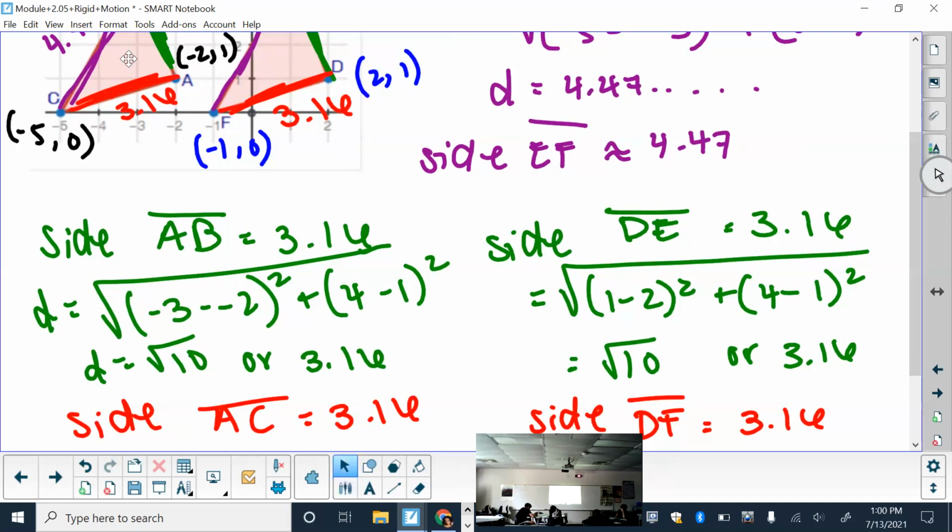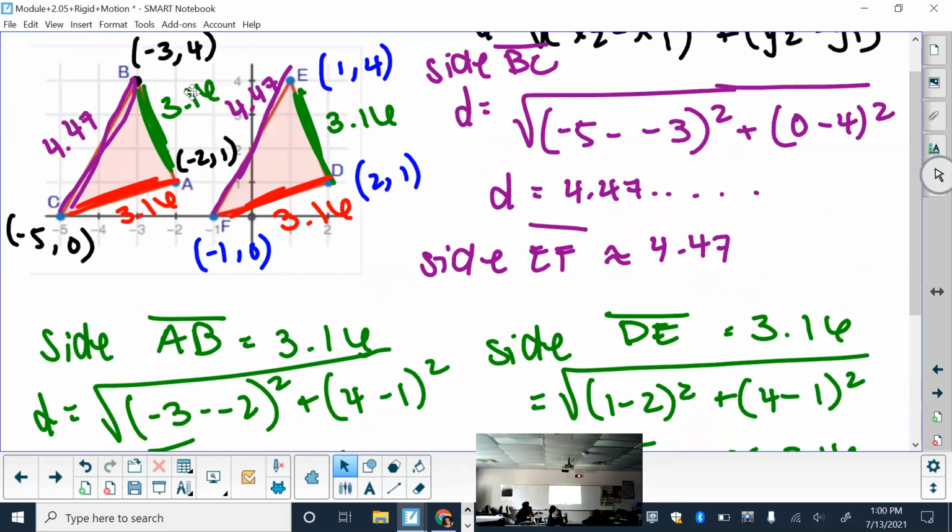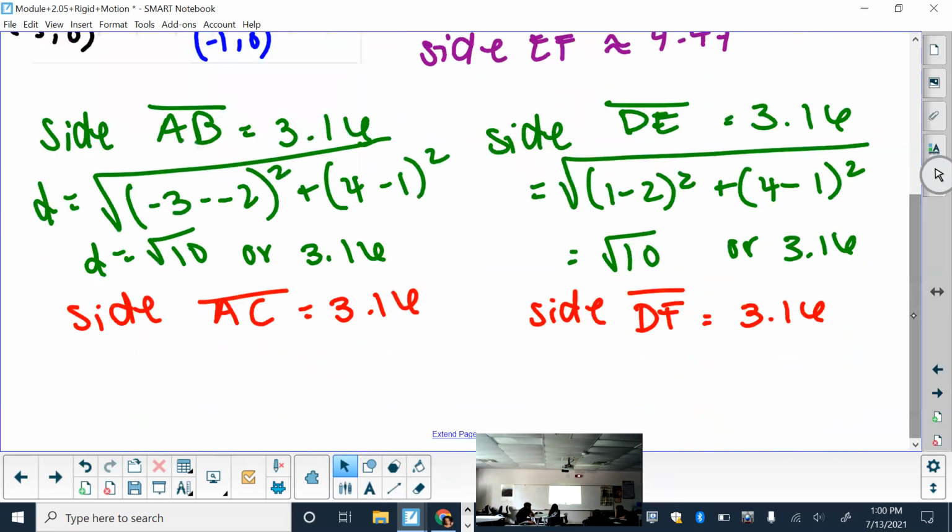All right, so since all of these sides that are corresponding do equal the same amounts, we can say that they are congruent by side. So down here for your summary, you can write side AB is congruent to what side?